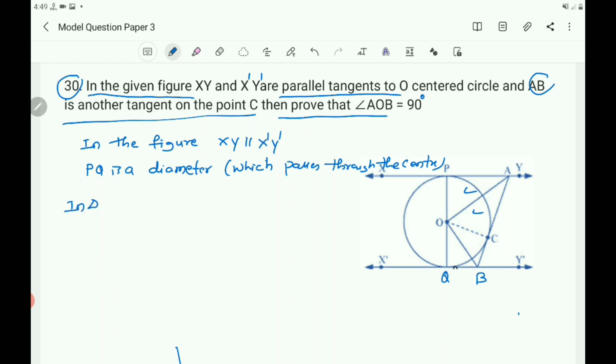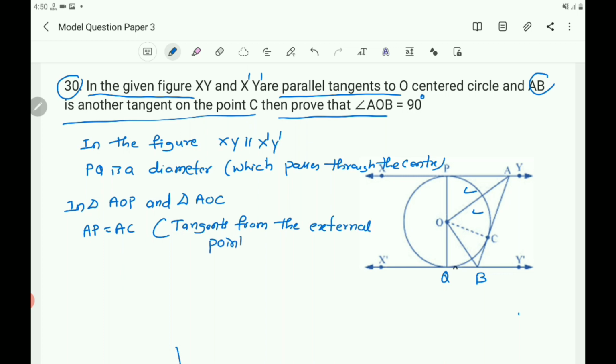Now you take these two triangles. In triangle AOP and triangle AOC, here you write AP equals AC, tangents from the external point A, and also you write OP equals OC.